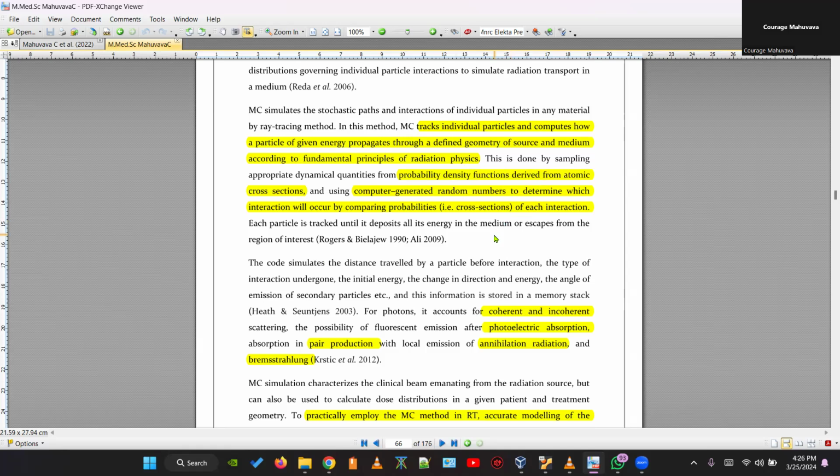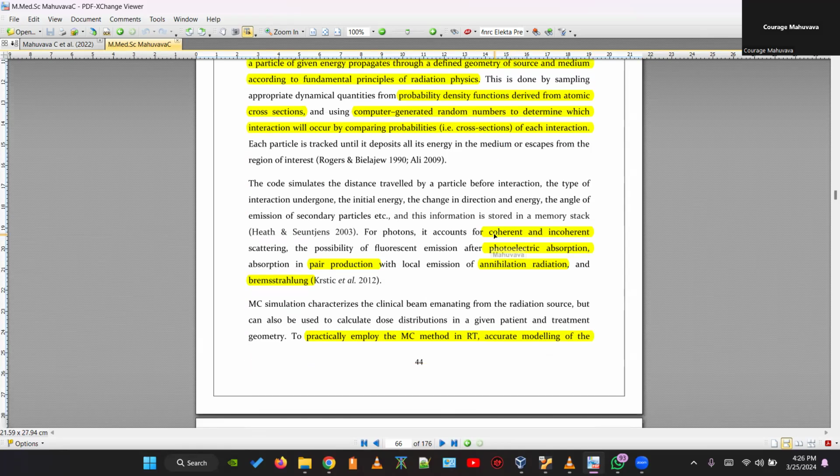So these are the different probabilities of different processes that I just mentioned. For example, a photon traveling at a particular energy, is it going to undergo photoelectric absorption, or is it going to undergo Compton scatter? What are the relative probabilities of each process happening? So it uses these distributions to compute that.